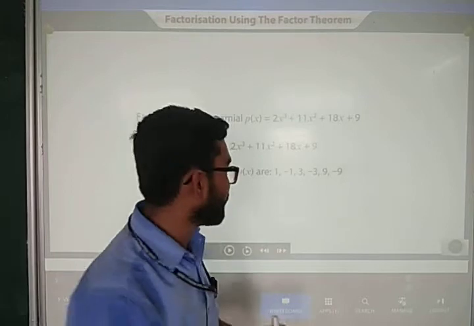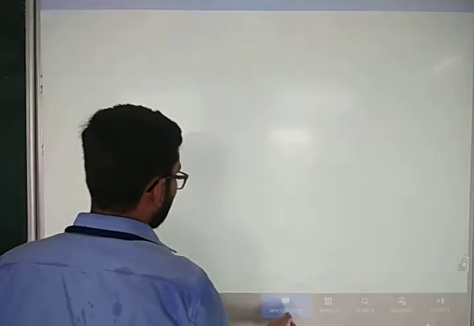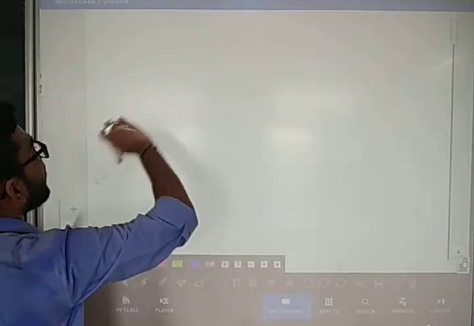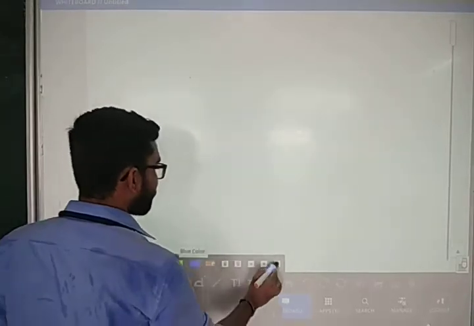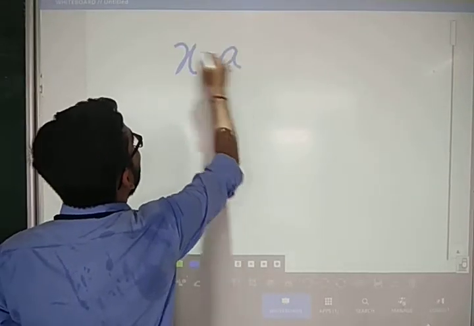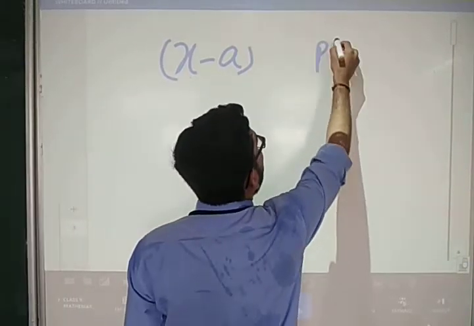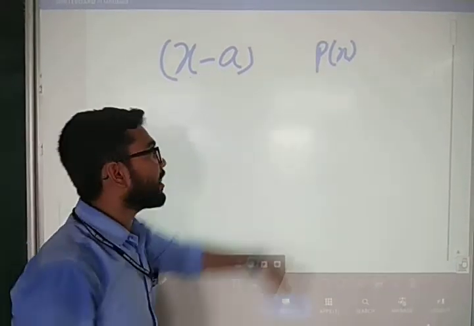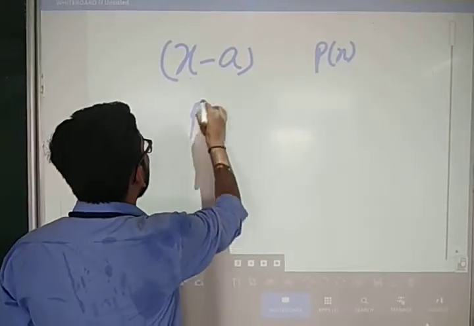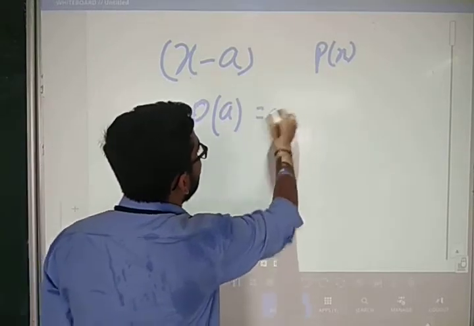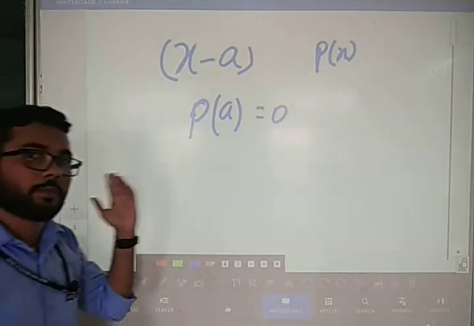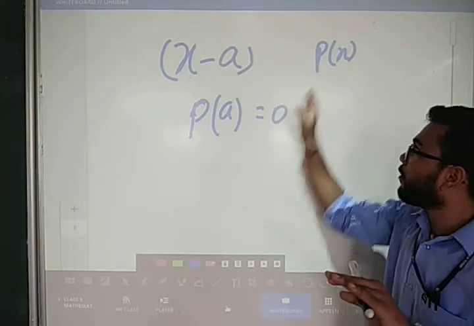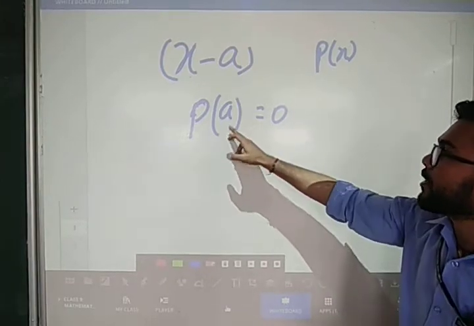Remember, I told you in the factor theorem, that if x minus a is a factor of any polynomial p(x), it means that p(a) is equal to 0. I discussed this in the previous session.